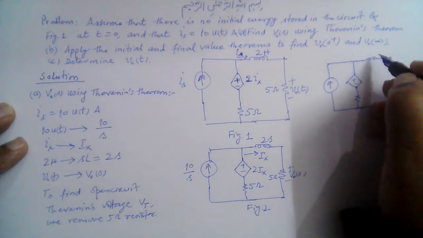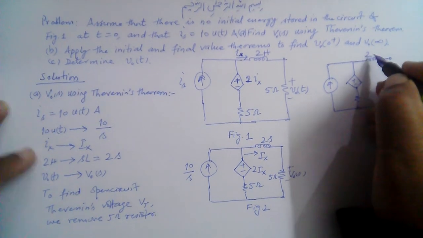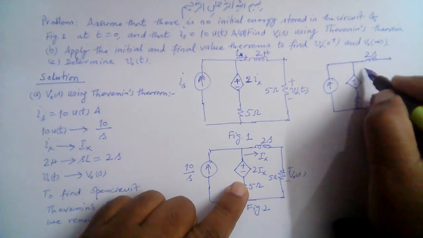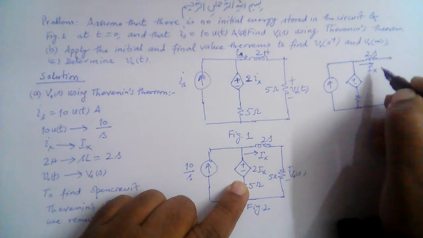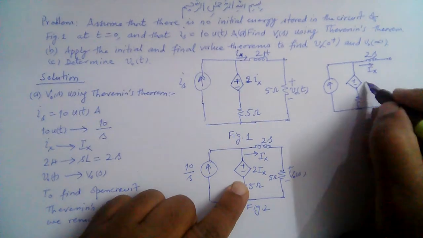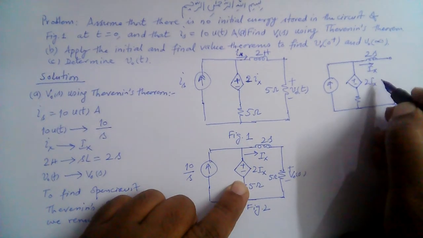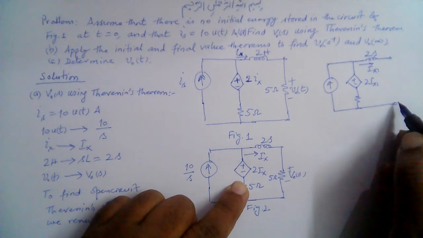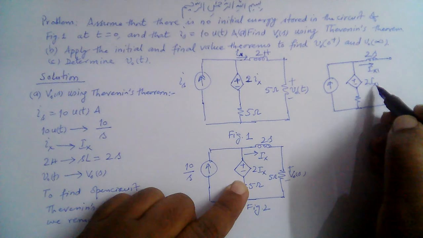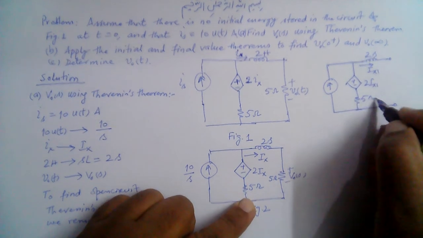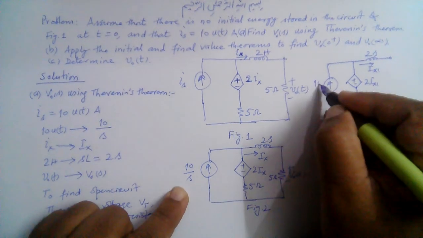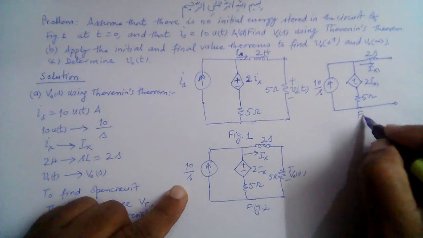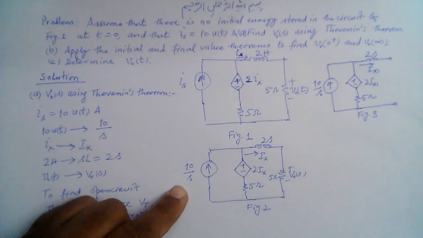So this is 2S, and this is Ix, and this is 2Ix. Let's call this 2Ix1 now, because we have opened the terminals. So this is Ix1, this is 2Ix1, this is 5 ohm, and this is 10 over S.